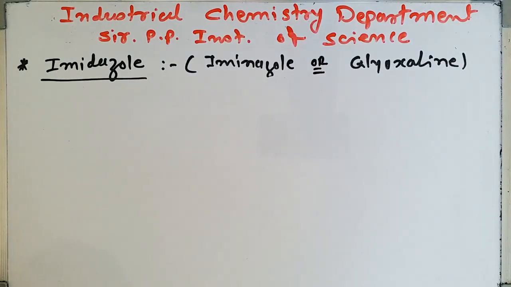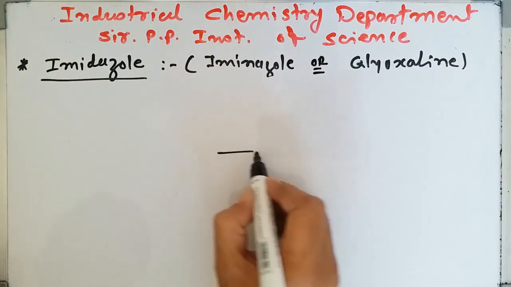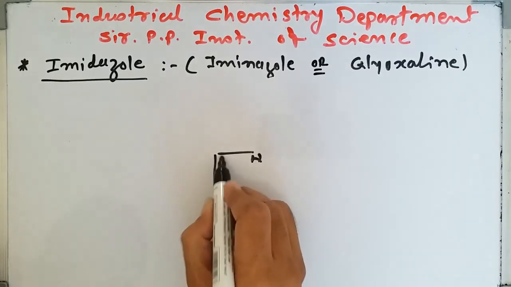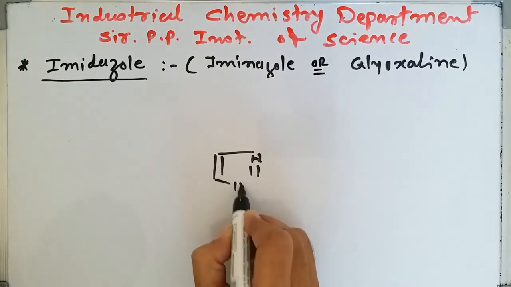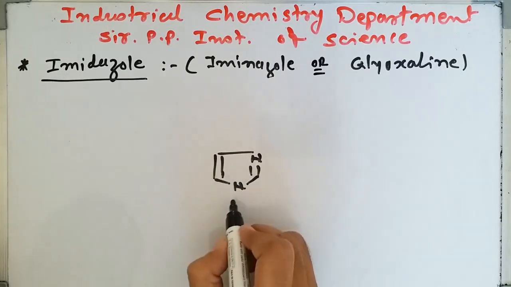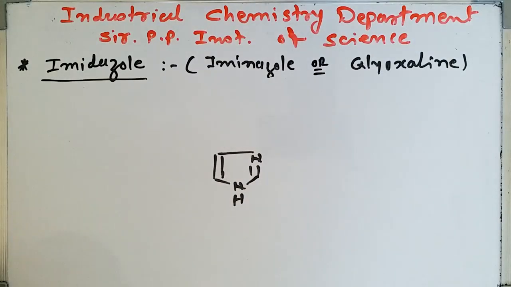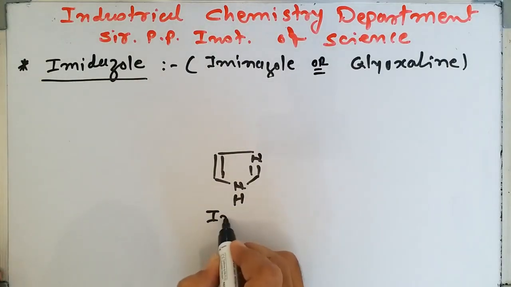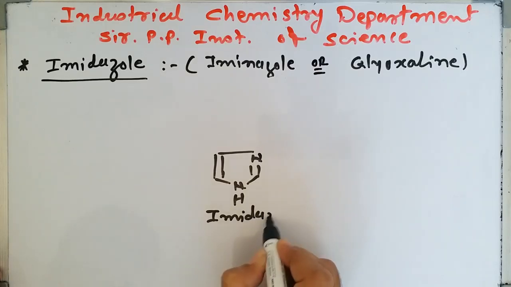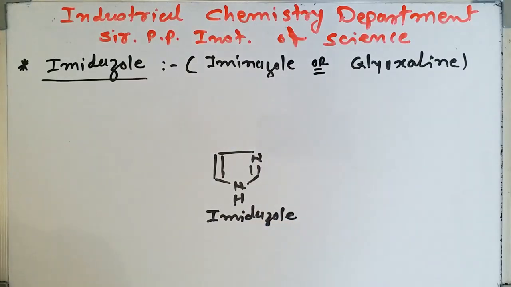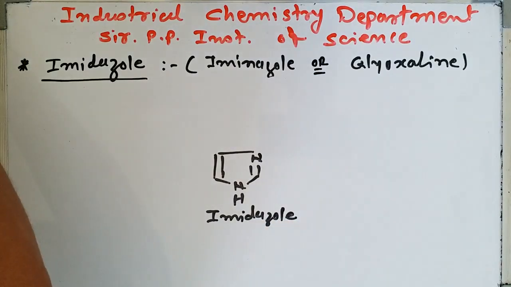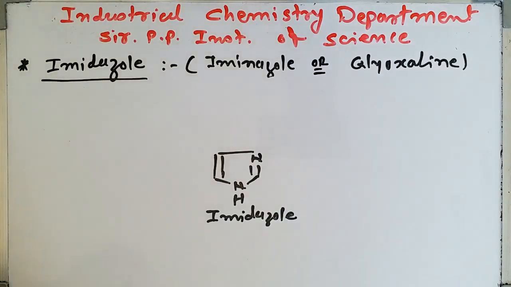For some chemical reactions, I write imidazole in the center, and then we see different types of reaction. First, nitration.